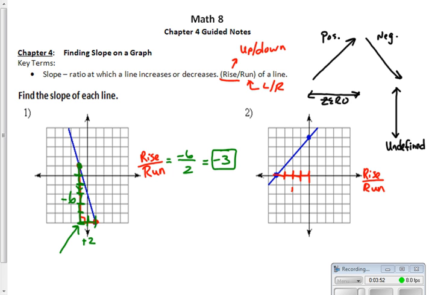I moved 4 units to the right, that is a positive 4. Now remember, it's from where you last left off, and we left off right here at this point. So I need to move up 1, 2, 3, 4, and I moved up 4 units, so that's a positive 4. So I have 4 over 4, and this reduces to 1, so the slope is 1 there.